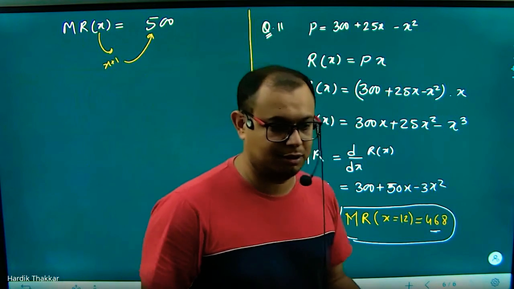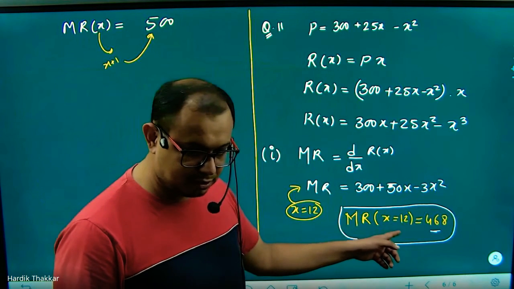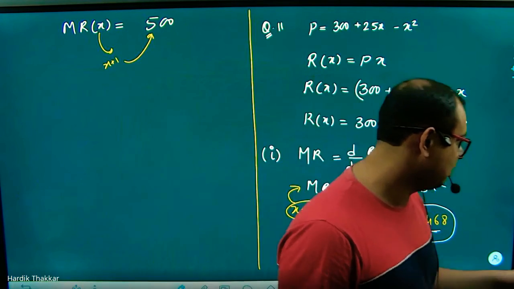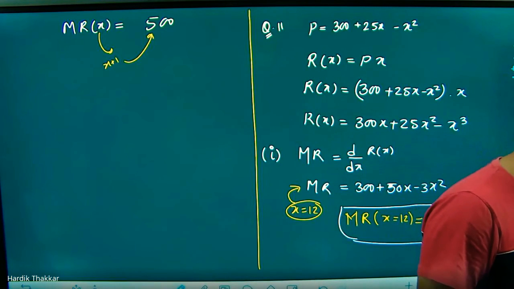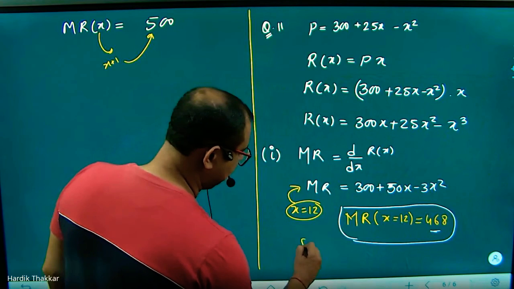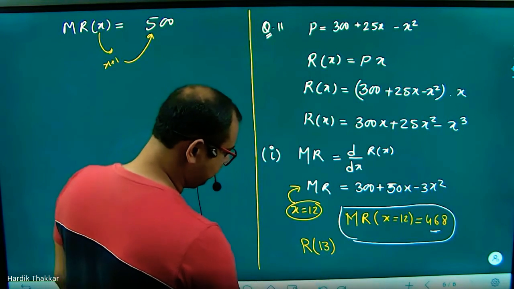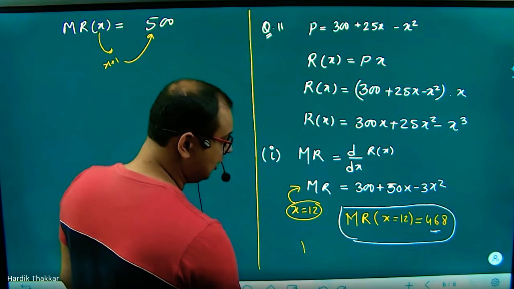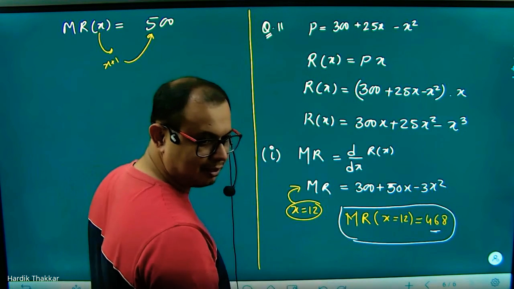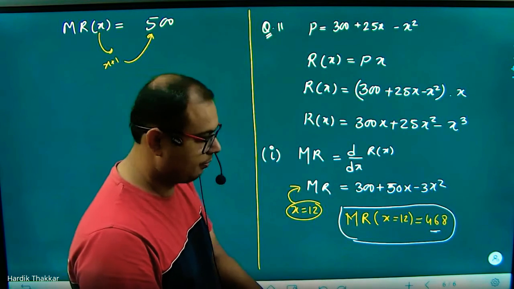And R of x at 13 is the revenue of 13 products. R at x equal to 11 will be the revenue of 11 products. Okay, clear?